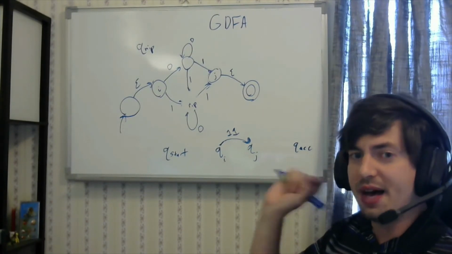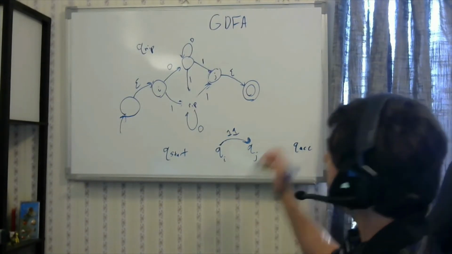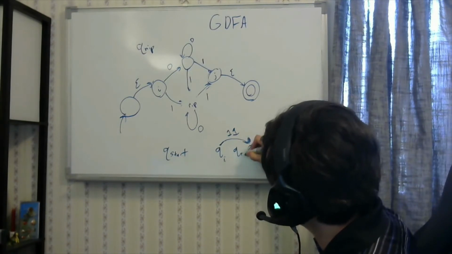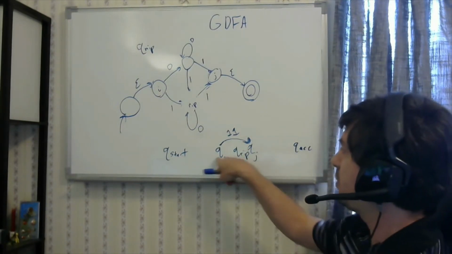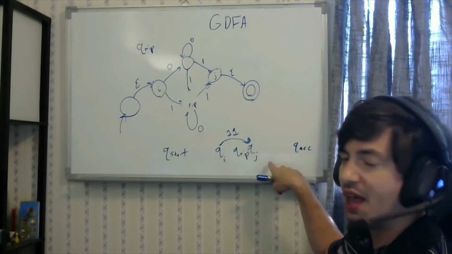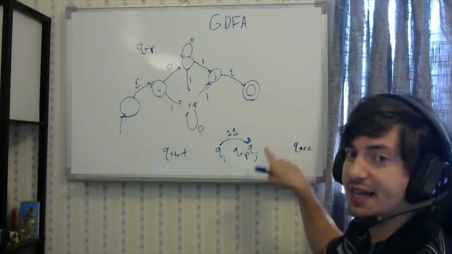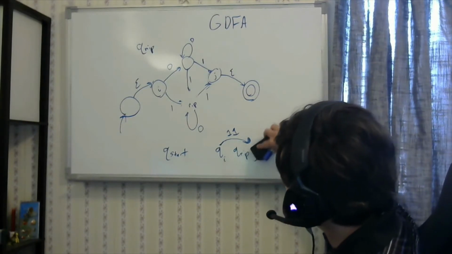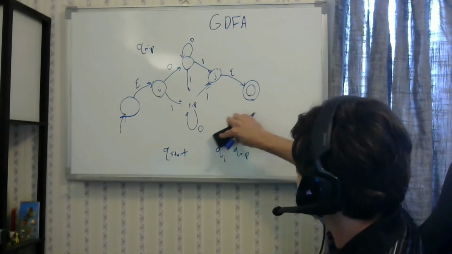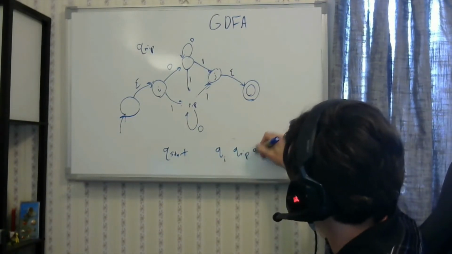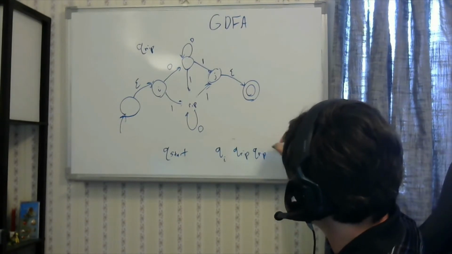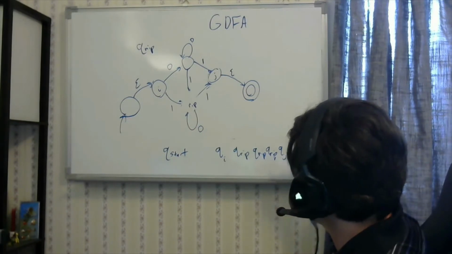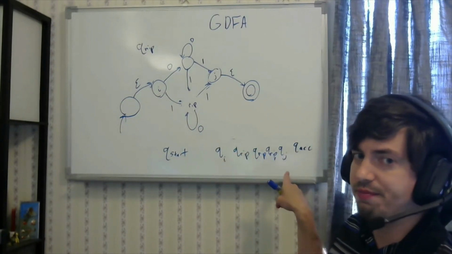The other possible scenarios are maybe we had one instance of QRIP between QI and QJ. Another possibility is that we had multiple instances of QRIP in a row in between QI and QJ.